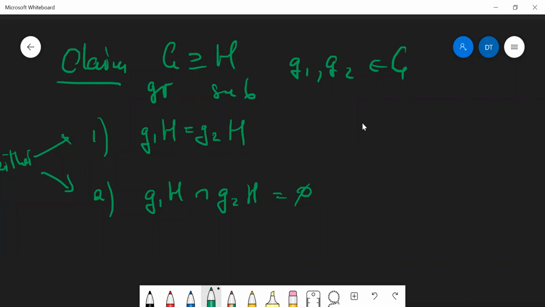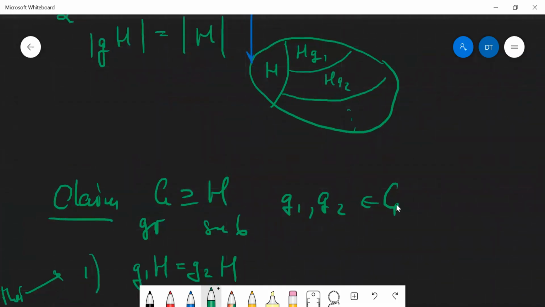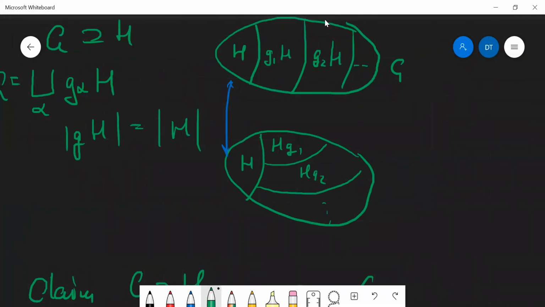So what I'm saying here is exactly what is shown in this picture. If you have two cosets, they are either the same. So for example, G1H may coincide with some G prime H. Or if they are not the same, they do not intersect each other. So only two options.